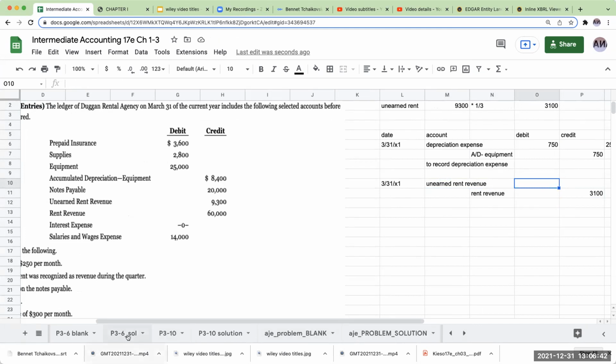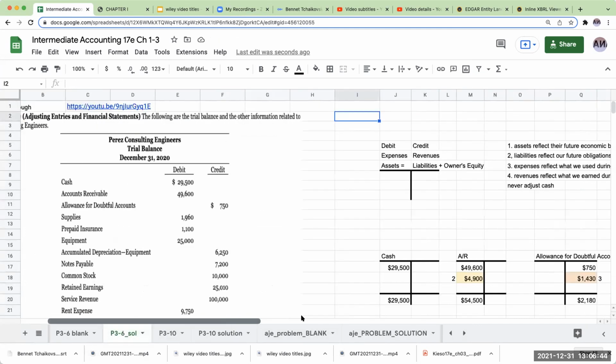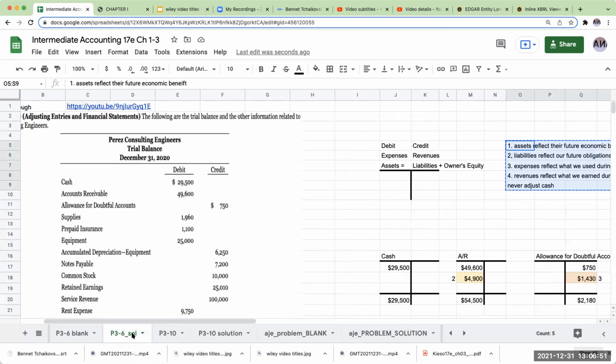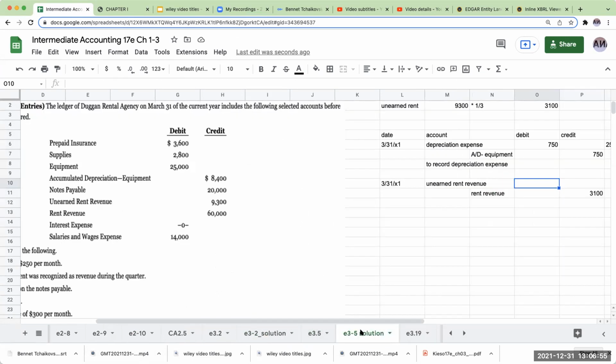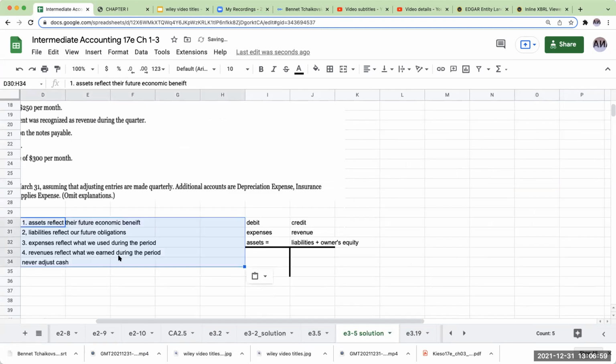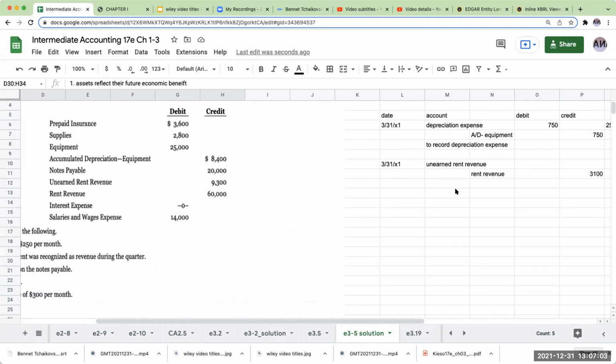The most important rule is that assets need to reflect their future economic benefit, liabilities need to reflect our future obligations, expenses need to reflect what we used, and revenues reflect what we've earned. We never touch cash to record rent revenue.